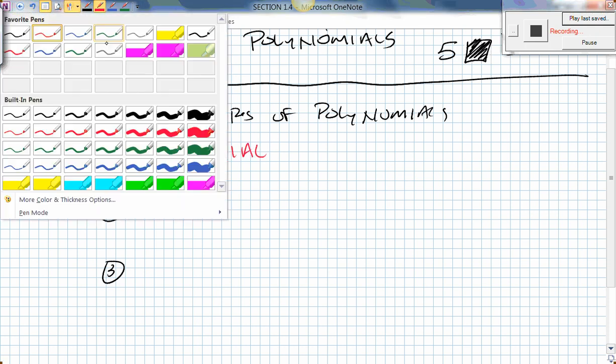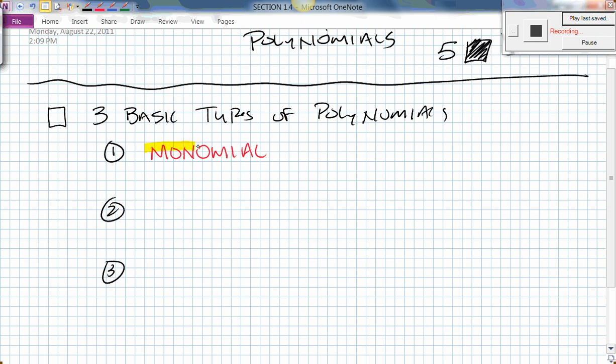The key to understanding this is the Latin root for mono. What does that mean? That means 1, right? So a monomial is a polynomial that only has one term in it. An example of that would be 3x. 3x is a polynomial, but it's only a monomial because it has one term in it.